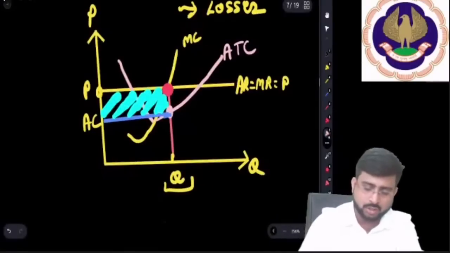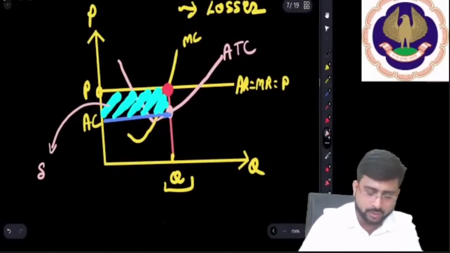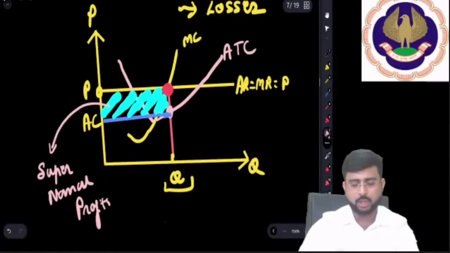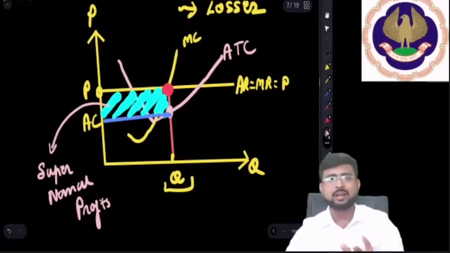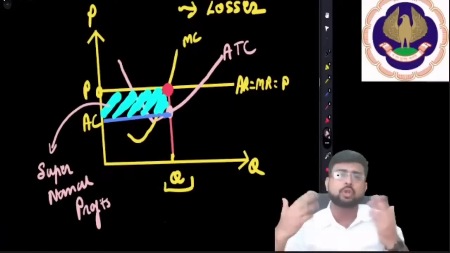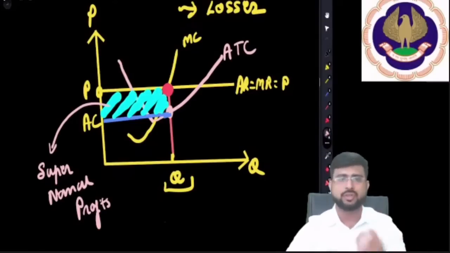It means the firm is not only able to recover normal profits but also able to earn more, more than the rent and explicit cost. That's how you find it out.